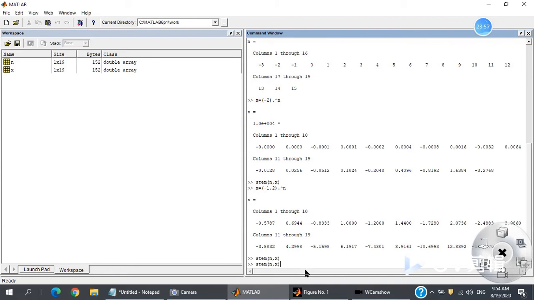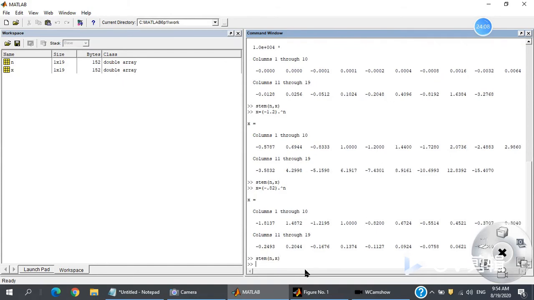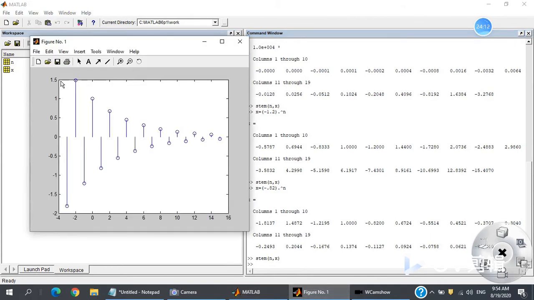And if a is smaller than 1, look here, 0.8, what happens? Now the values tend to be smaller and smaller. Here a is negative, so by the power the value will be positive, then negative, positive, and negative. It will switch up and down.